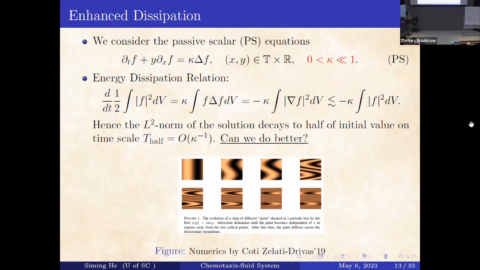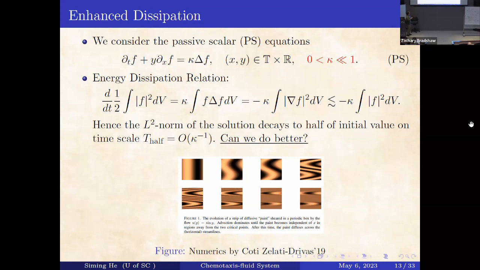And now, basically, in the previous lecture, we already see that the L2 norm is decaying here. The convection doesn't play any role. And now it will decay with a rate which is kappa. And now kappa can be very small. So basically, it's like you have a cup of coffee, you throw the milk inside, you have to wait a minute for it to get homogenized, for the milk to get everywhere.